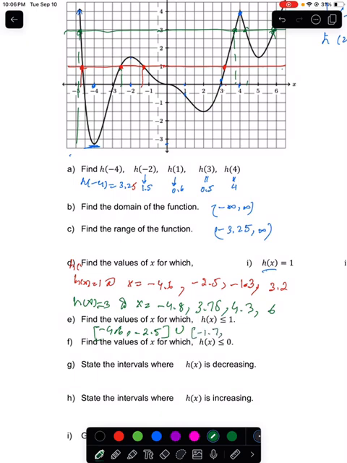Okay, then that's it, because the rest of it is greater than 1. So these are the intervals on which it will be below 1.